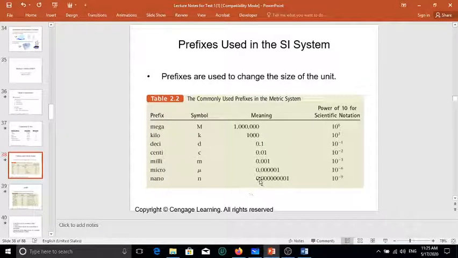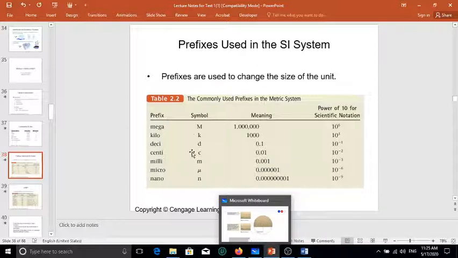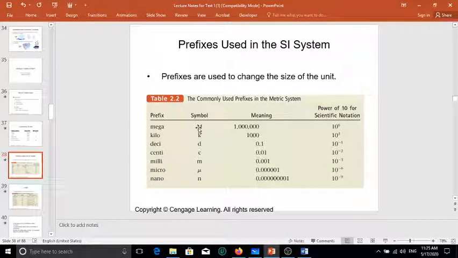And nano, you can see how many zeros here, 10 to the negative 9th power exponent. Also be aware all of these prefixes have their own symbols, and again, they're case sensitive, okay? So for instance, when we write down things like 1 megagram, that's 1 million grams, or 1 kilogram, that's 1,000 grams.